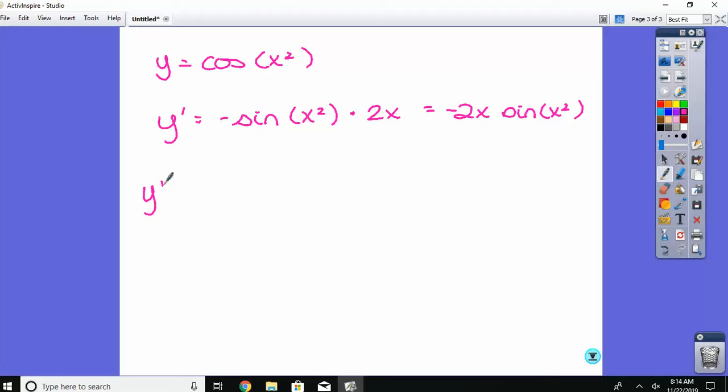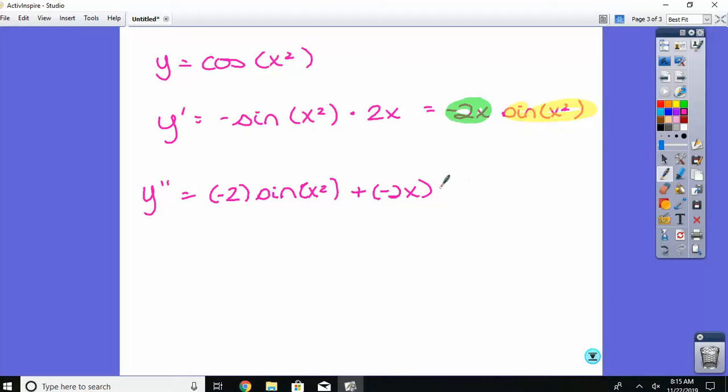When I do the second derivative, now I have 2 x's. I have the x in this term and this term, so we have to do the product rule. So product rule is derivative of the first times the second plus the first times the derivative of the second.